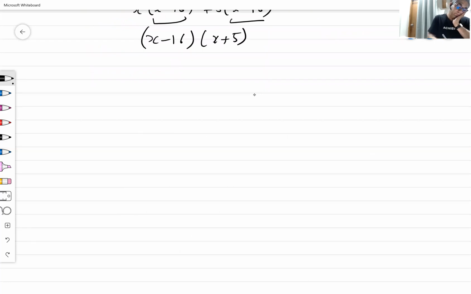Okay. Now instead of x, I am taking a. So it makes no difference. Please solve it now. So this is a square plus 5a minus 50.